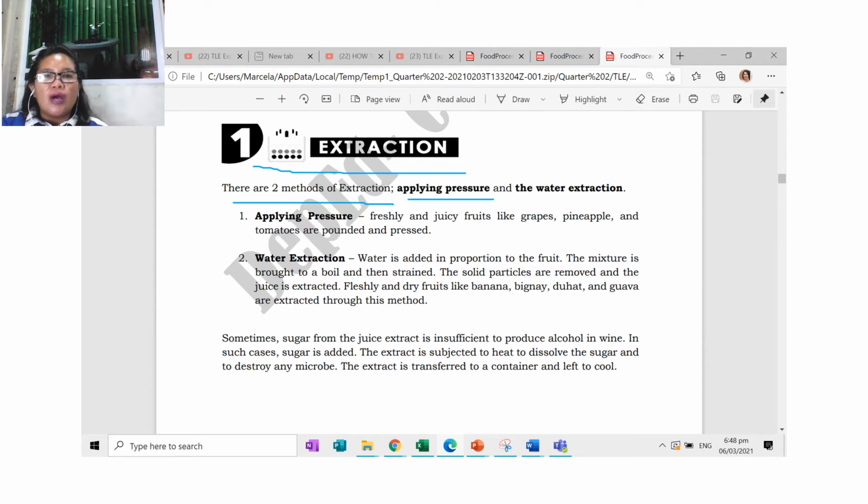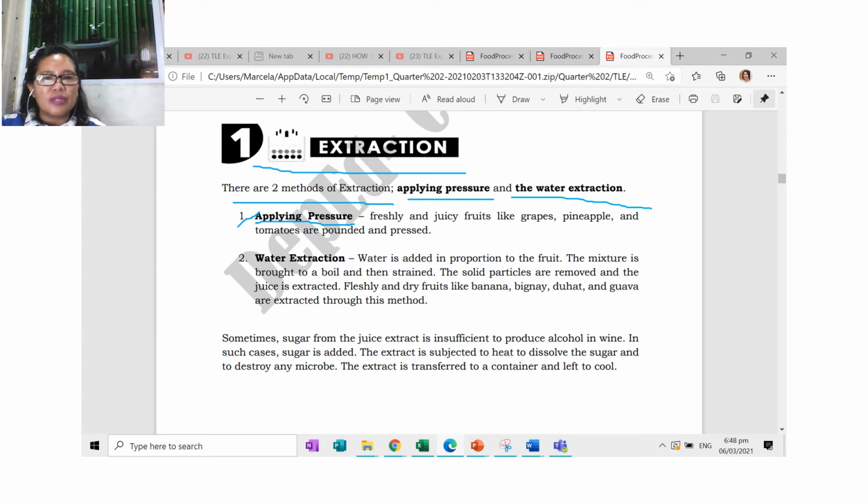For the number 1, applying pressure, freshly and juicy fruits like grapes, pineapple, and tomatoes are pounded and pressed.